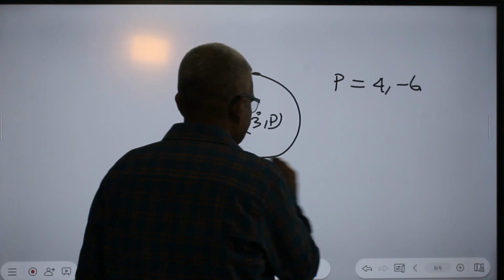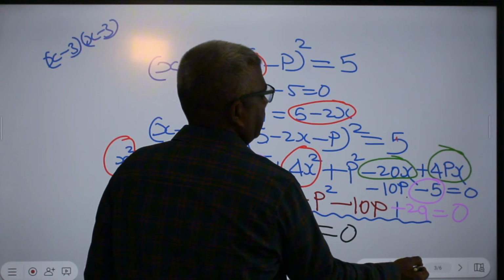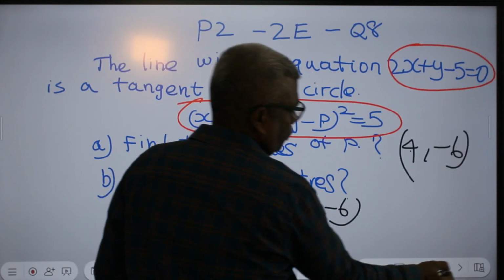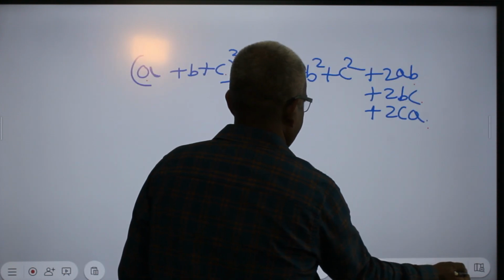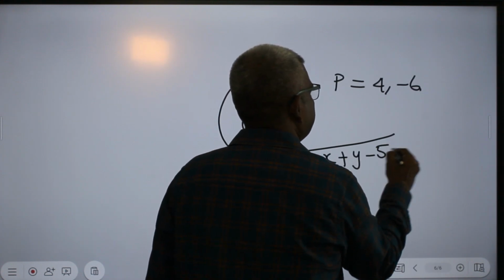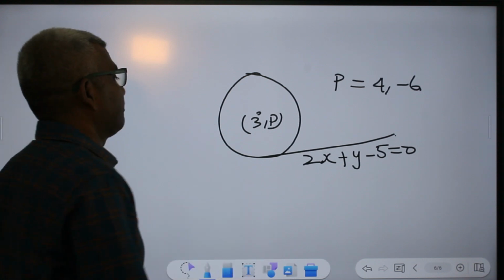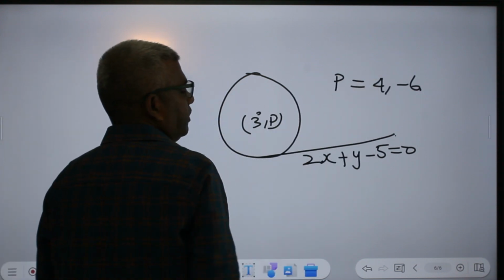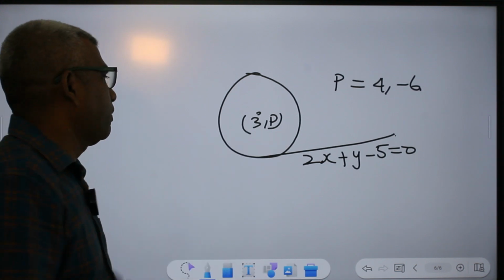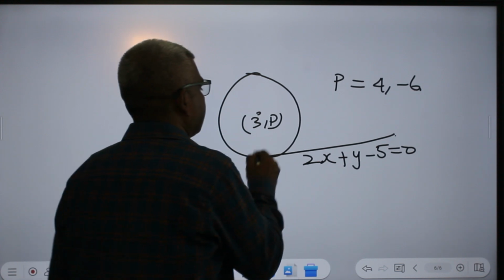This is 2x plus y minus 5 is equal to 0. Okay, there will be two places. If you put p is equal to 4, one point we will get. If p is equal to minus 6, another point you will get. Please put it in the comment box. I want to see how the students are doing.